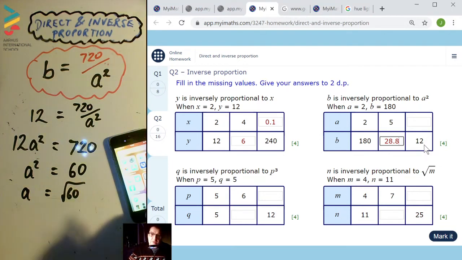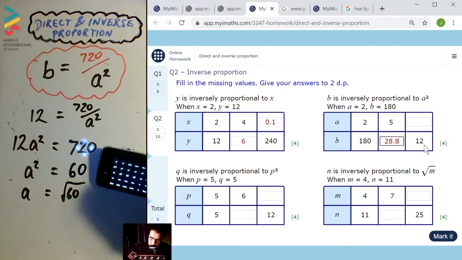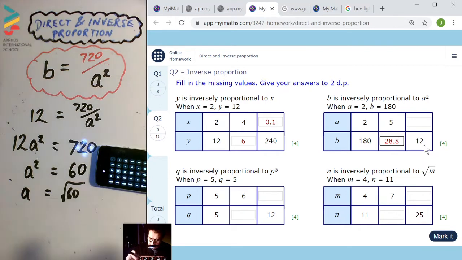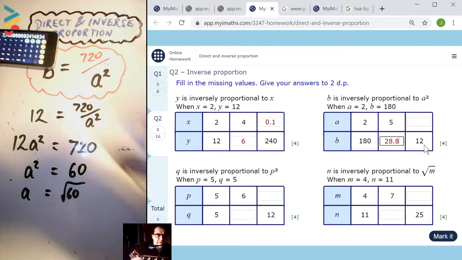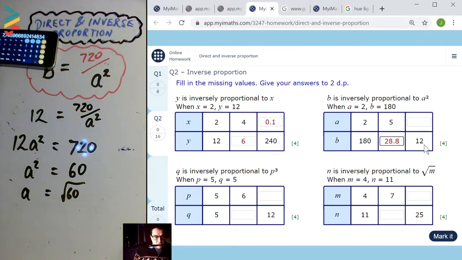So let's have a look. Getting my calculator, if I can do that. There we go. And I want the square root of 60, which comes out to be 7.7459. It says in the question, give your answers to 2 decimal places.